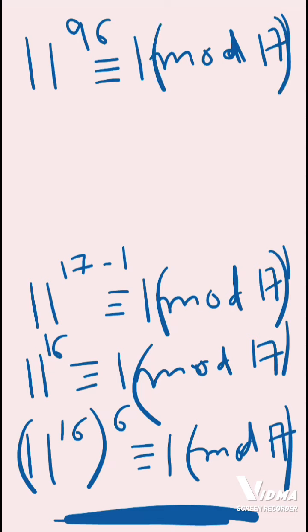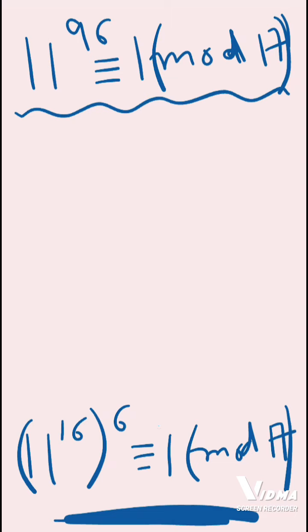Now let's increase this power by smaller bits. Let's keep this expression as it is. Now the power of 11 we are going to take is smaller.